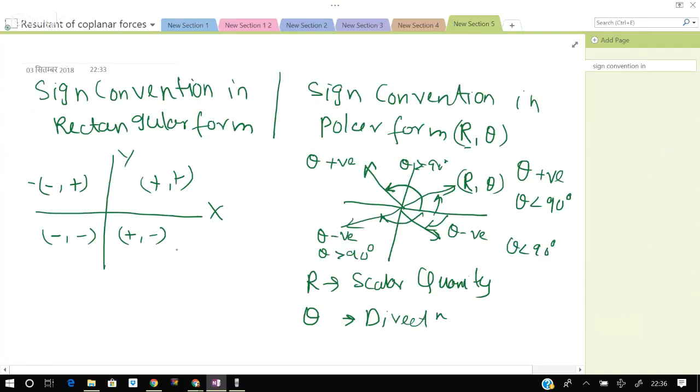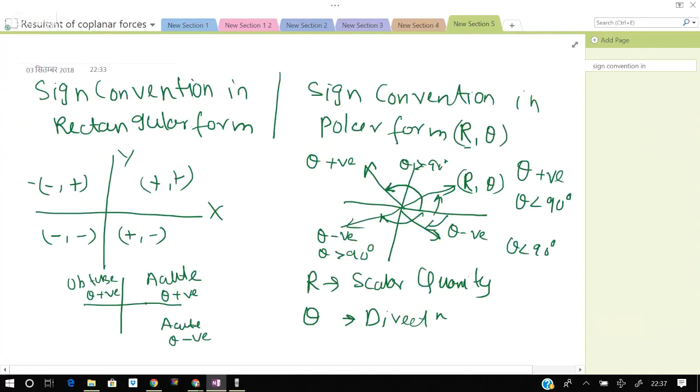So in short, we can summarize this part in this format. If it is an acute angle and it is positive, it will be in the first quadrant. An obtuse angle, which is greater than 90, still positive, is in the second quadrant. And then we have again an acute angle, where theta is negative.